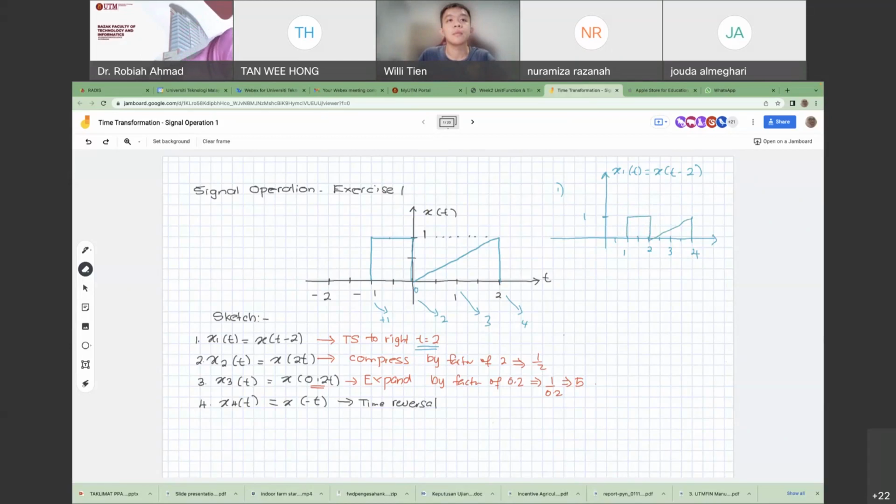Okay, so number 2. Compressed by a factor of 2. So compressed meaning it will be reduced half of it, 1/2. Okay, so everything on T will be reduced to half of it. Saya gerak-gerak.